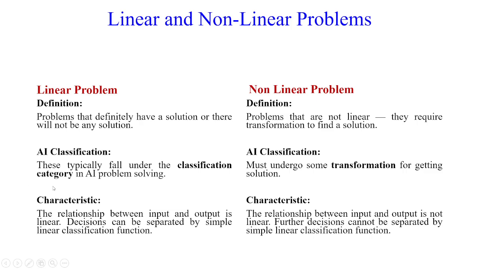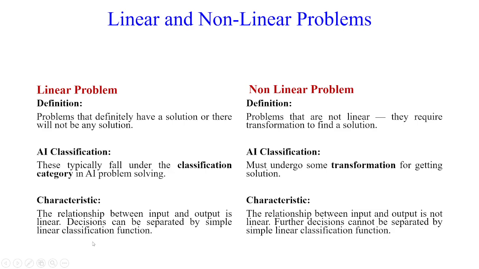The key characteristic is that the relationship between the input and the output is linear. What is the meaning? Decisions can be separated by a simple linear classification function. If you plot two categories of data on a graph and you can draw a straight line to perfectly separate them, then this problem is going to be a linear problem.